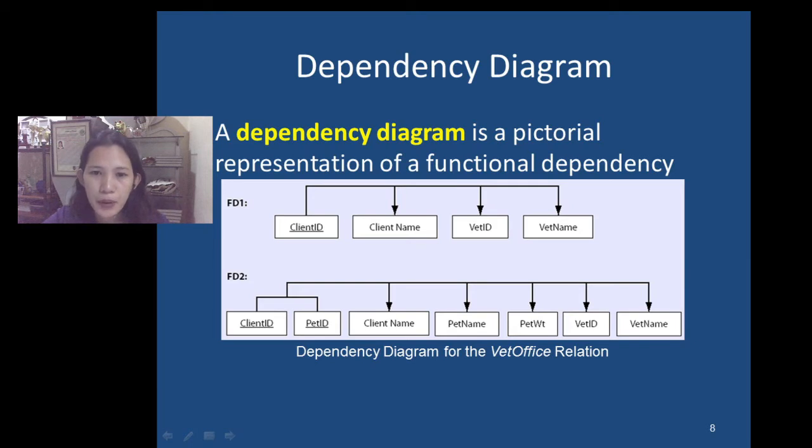In this example, we can notice that the client ID is the determinant, and this will determine the client name, the vet ID, and the vet name. And in functional dependency number 2, we illustrate using the diagram that the client ID and the pet ID are the determinants of client name, pet weight, vet ID, and vet name.